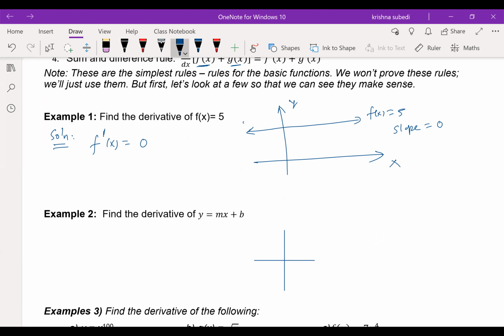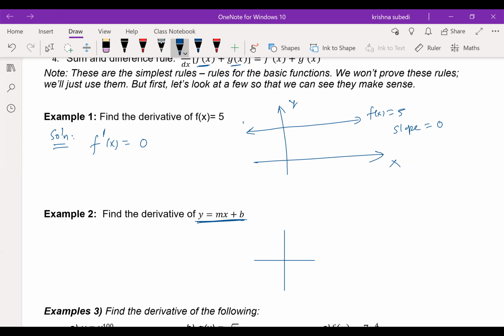Let's look at another example. This is also a very familiar equation for you. Find the derivative of y equals mx plus b. If I draw the graph of this function, depending on the slope m, this is clearly a linear equation, and the tangent for a linear equation is the line itself.